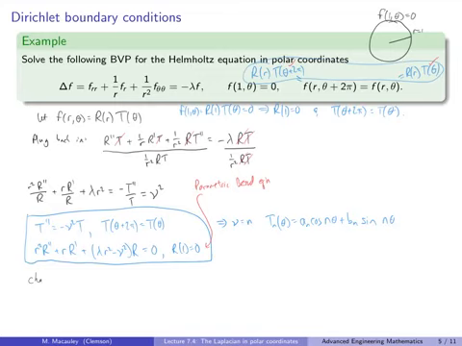So we'll change variables. I'm going to let x be equal to square root of lambda times r. And then by the chain rule, dR/dr, you have to be careful, is dR/dx times dx/dr. And so that just reduces down to the square root of lambda times dR/dx, because this guy here is root lambda.